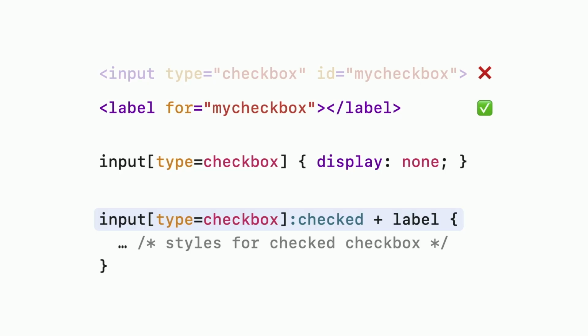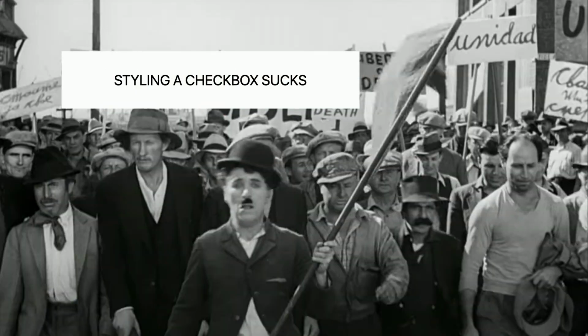So this pattern avoids styling the input directly and puts all the styling burden on the label. So my label is actually my visual box for the checkbox. That's kind of insane. This is not the current advice anymore for styling checkboxes, and thank God. But I remember thinking, this really, really sucks. But let's see why the internet recommended this.